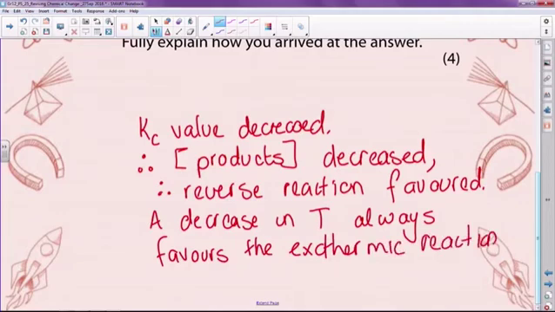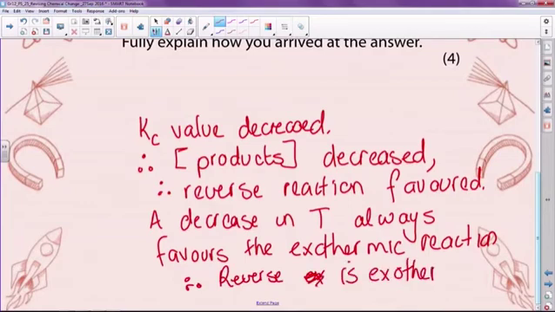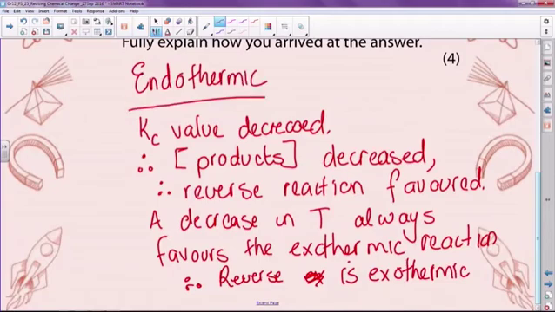Which means for us, the reverse reaction is exothermic. So if the reverse reaction is exothermic, the forward reaction is endothermic. Question answered. Okay, work through it step by step.